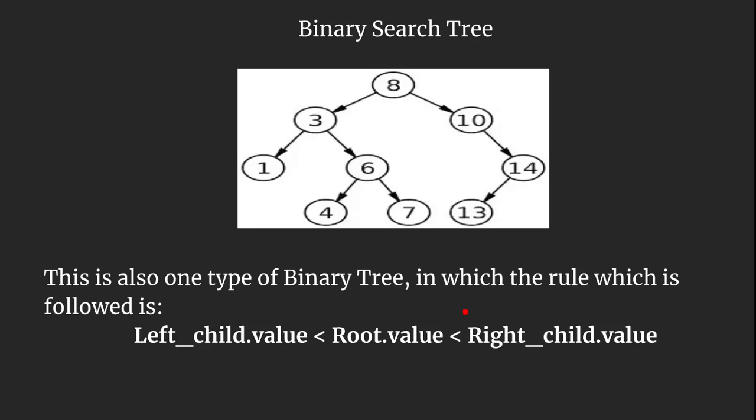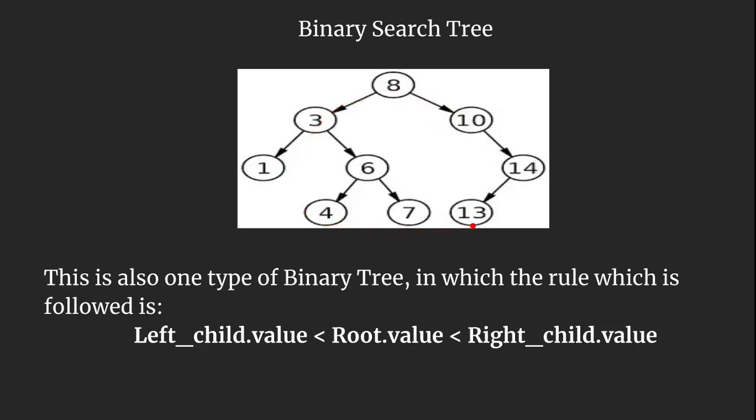Next is the binary search tree. A binary search tree is an implementation of binary tree where the structure of the tree follows a rule: left child value is less than root value, which is less than right child value. In this diagram you can see the root node is 8, the left child 3 is less than 8 and the right child 10 is greater than 8.